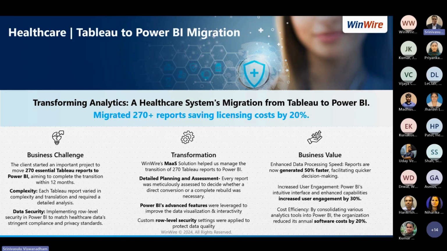It's simplistic costing, licenses, and just the Fabric, for 270 Tableau reports that have already been migrated to Power BI. We are using only the P1 capacity, which is just the F64 as part of Fabric, right? So we have seen that the cost of the licenses has also been reduced drastically.